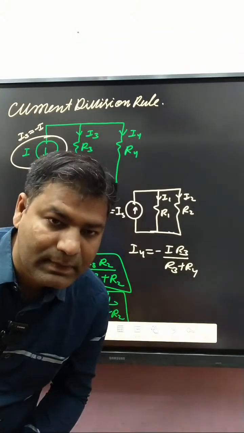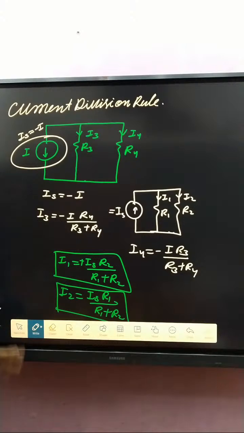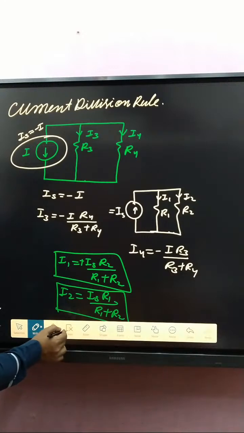Clear? Now, how can you apply it? First of all, we have taken some problem. How can we solve a complex circuit with the help of current division rule? So we have taken some problem related to current division rule.